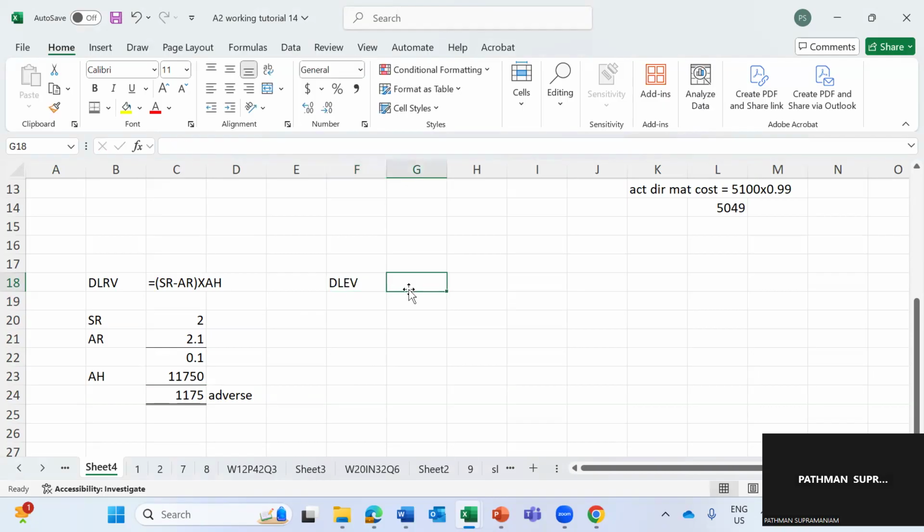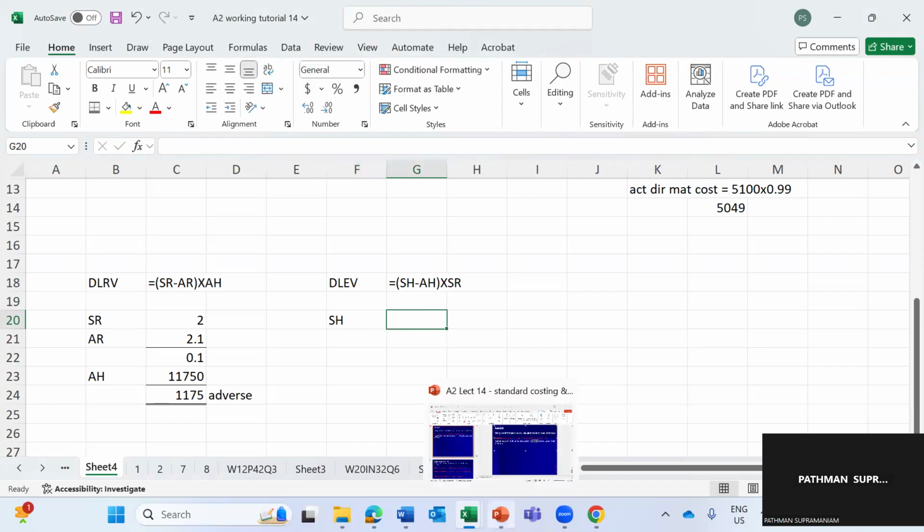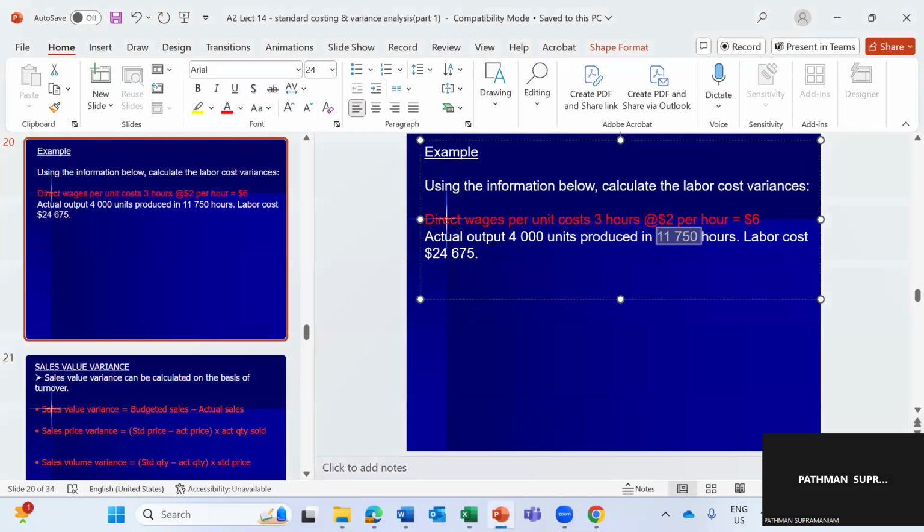Okay, now let's work out the direct labor efficiency variance. So the formula is standard hours, how much time labor is supposed to take to do the job, minus actual hours, how much time they actually took, multiplied by standard rate. To capture standard hours, if you follow this standard, 1 unit is supposed to take 3 hours.